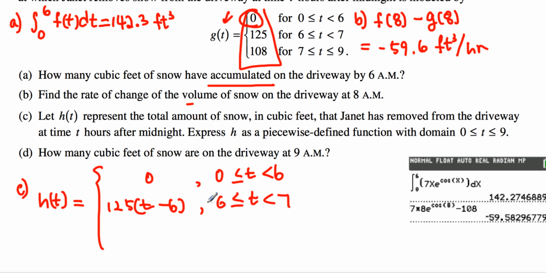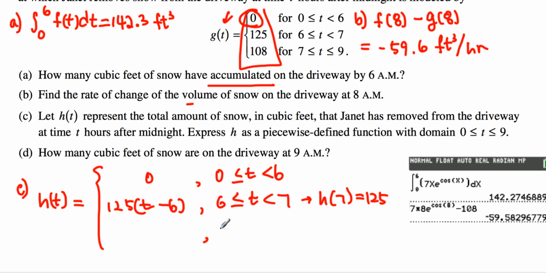Then you will realize that after 1 hour of work, Janet probably, meaning h of 7, must be equal to 125, because for 1 hour she finished shoveling 125 cubic feet per hour, which ended up being 125.